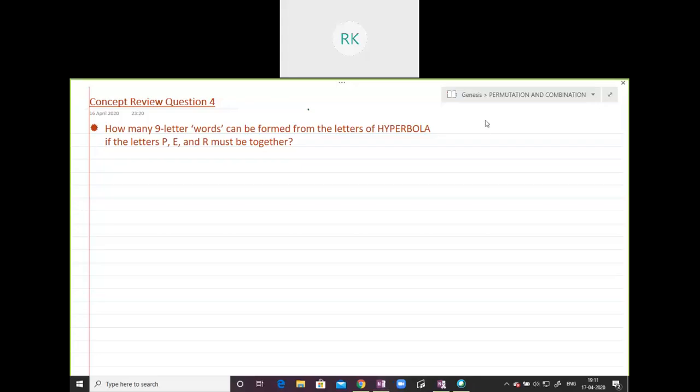How many 9-letter words can be formed from the letters of hyperbola if the letters P, E, R must be together? Tell me the answer quickly, it is very simple. I hope you will get the answer. 720.